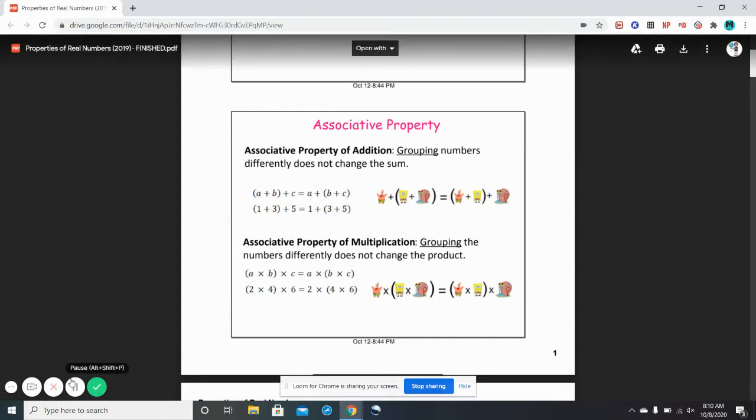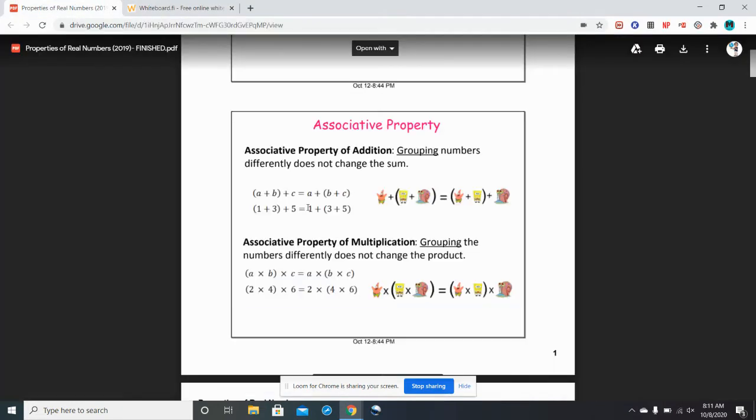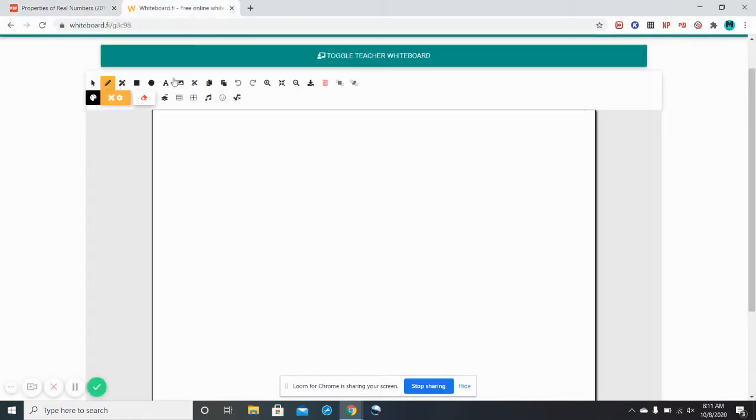Here, let me go pull up a whiteboard and we'll try it. All right, so here's the whiteboard. So the associative property, A plus B plus C. Let's just give an example. We have, say, 8 plus, say, 7 minus 5.